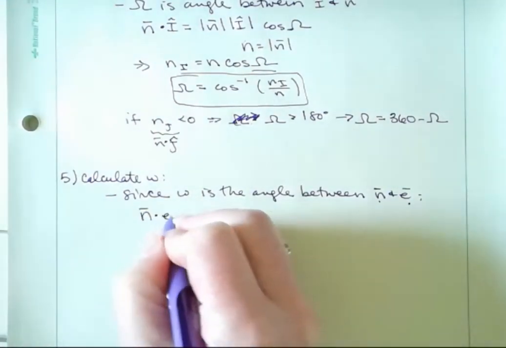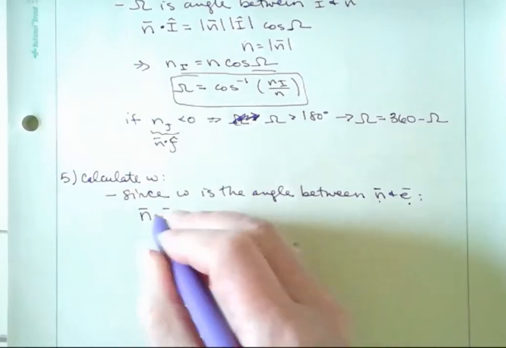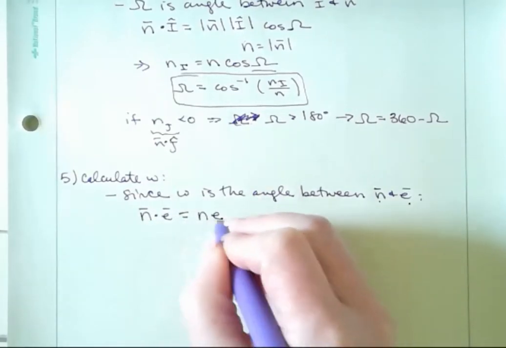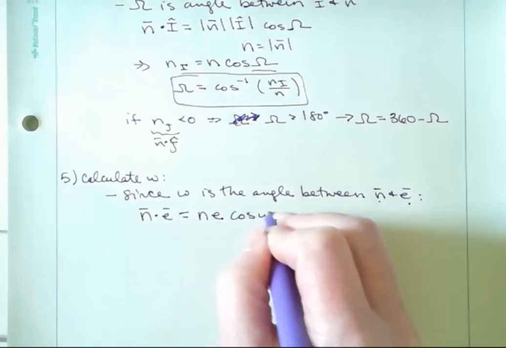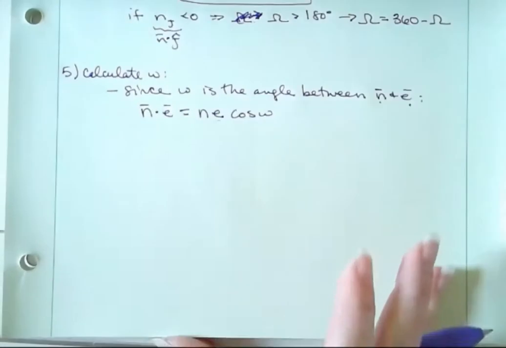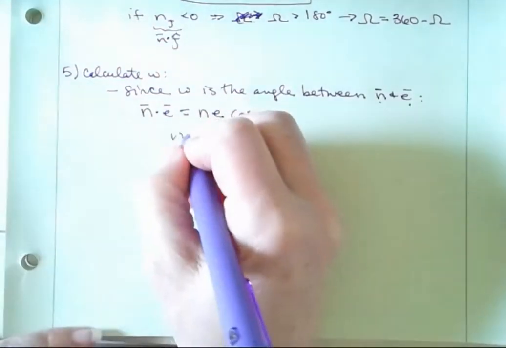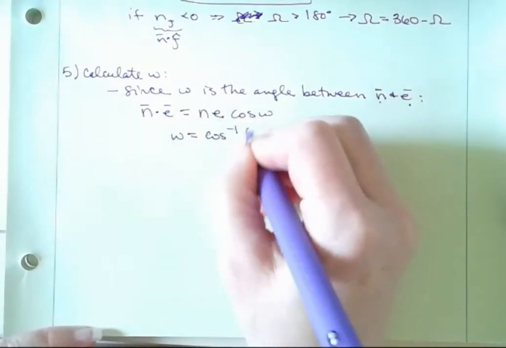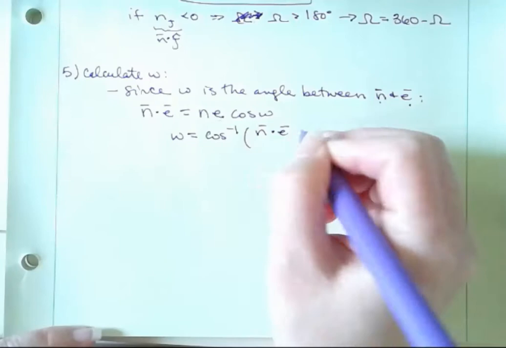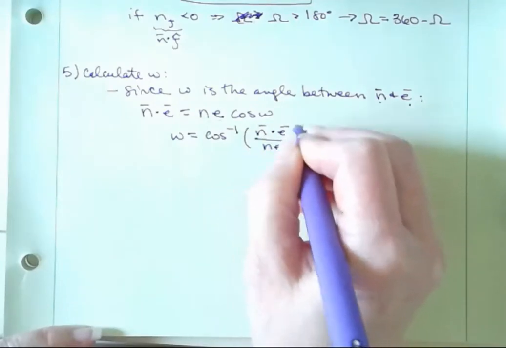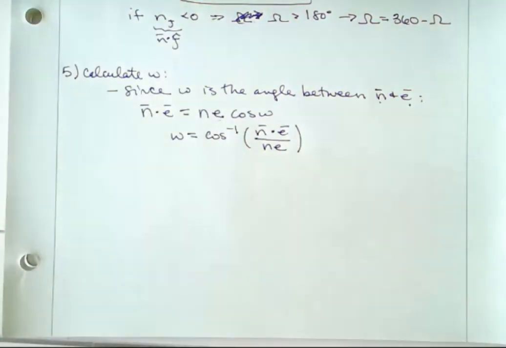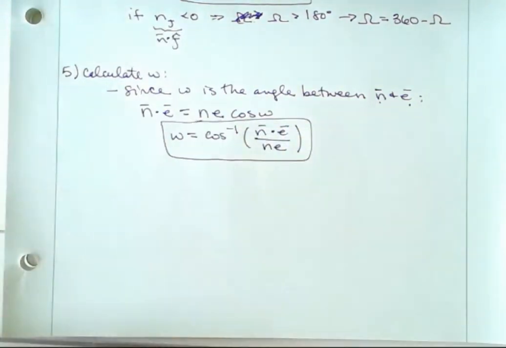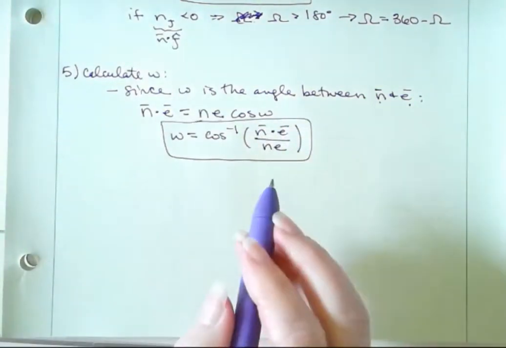You just didn't know you'd be using dot product so much. So we're going to have n dotted with e, and that's going to equal n times e, these are the magnitudes again, times cosine little omega. So little omega is going to be the arc cosine of n dotted with e over n e. And then let's put a box around that.